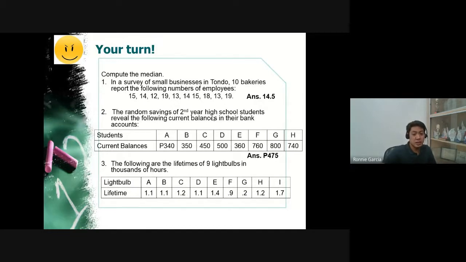What is the median? The correct answer is 1.1. Miss Garin, for the third time, got the correct answer for tonight. Congratulations. Again, you have to arrange before you get the middlemost value.